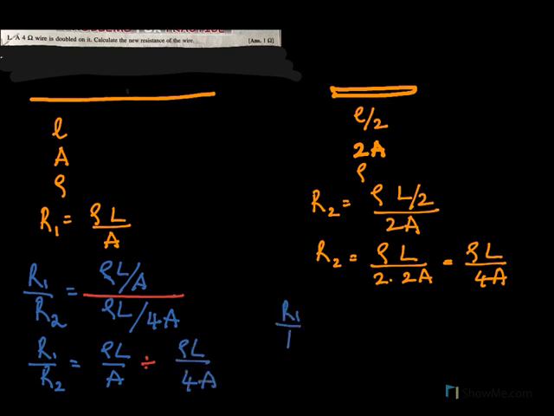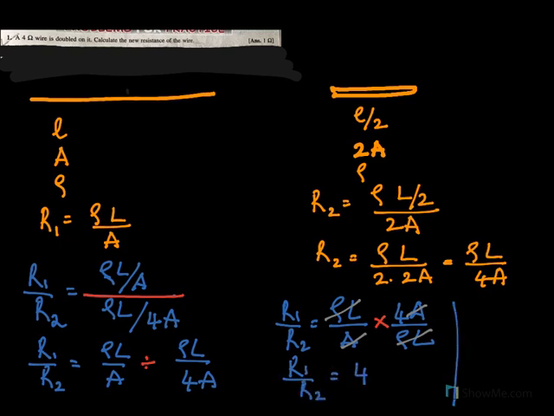The division you will make multiplication, hence take the reciprocal, and that would be 4A over rho L. Now this will cancel out, so you get R1 by R2 equal to 4.